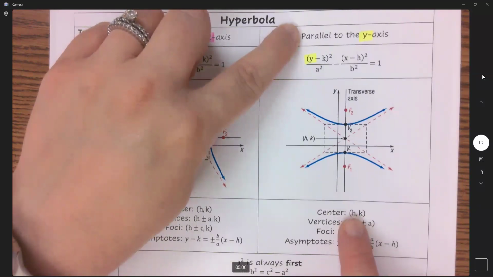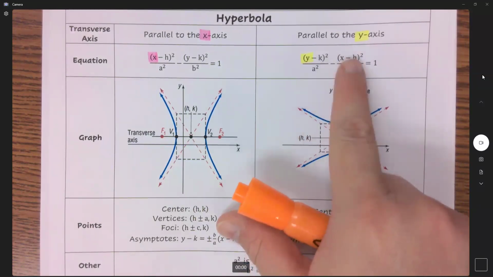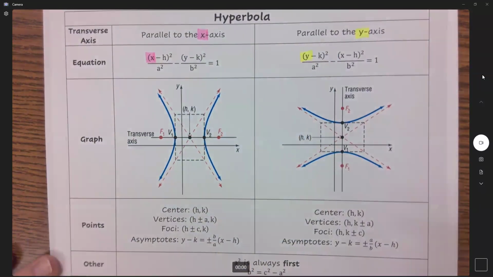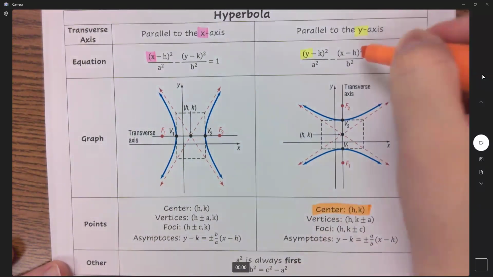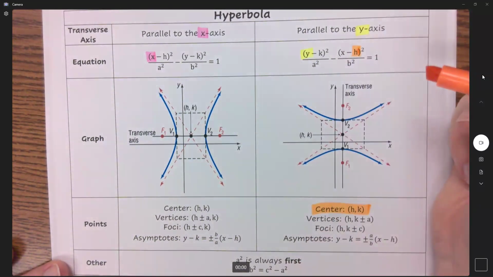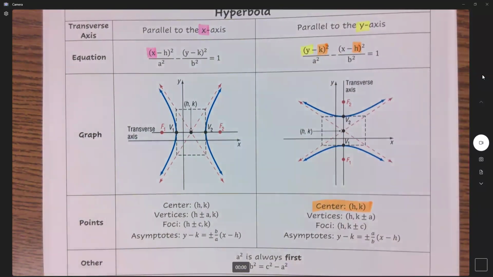It is still H, comma K, but notice because my y is first, mine is out of order. So the center is still at H, K, but now you have to go over here to the H and then back to the K. So be careful there.